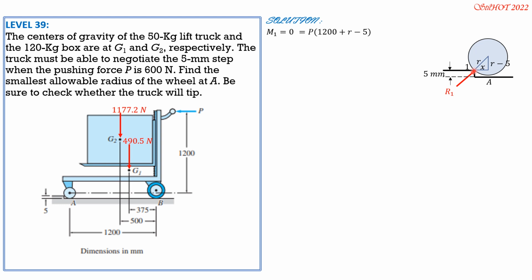So minus 1177.2 times this distance, 1200 minus 500 is 700 up to the center. And since point 1 is up to this corner here, so plus x. Then this distance up to A is 1200 minus 375, that's 825. So minus 490.5 times quantity 825 plus x.